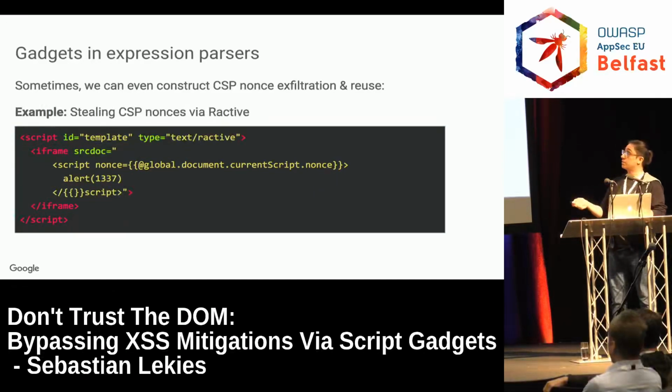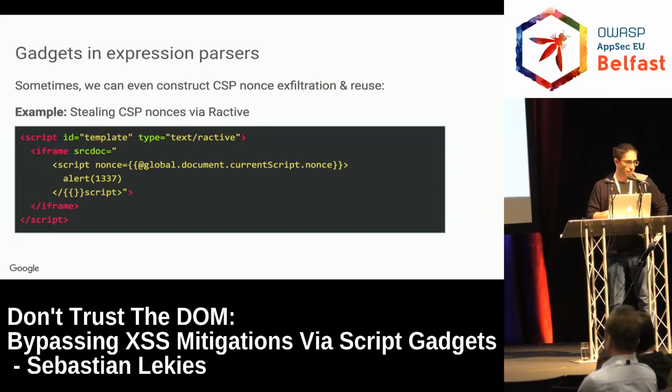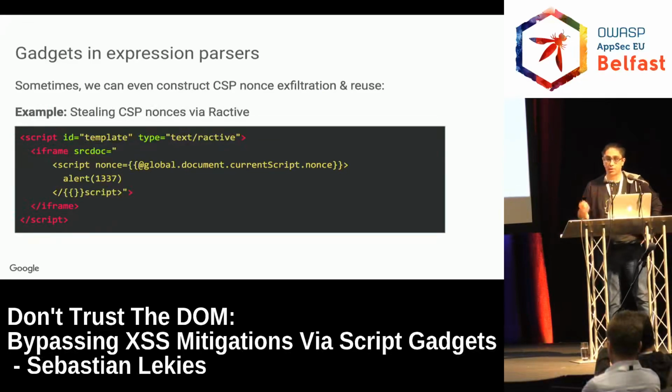What we found out is we can also steal nonces, which is an interesting attack because stealing nonces was the target of very interesting research late last year, in which Sebastian and Eduardo found a couple of ways of stealing the nonces from CSP policies or in the DOM that were supposed to prevent script execution using browser queries.